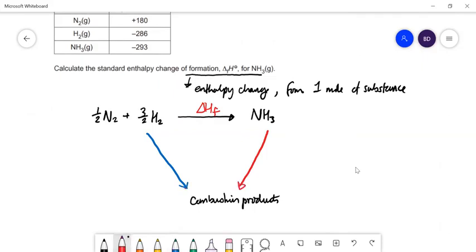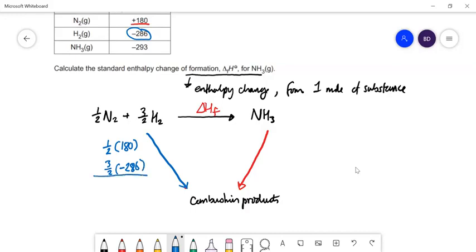Now let's look at the blue arrow. What we're doing there is combusting half a mole of nitrogen, so that is a half times plus 180. And we are burning 3/2 moles of hydrogen, so it's 3/2 times that, which is a minus number, 286.